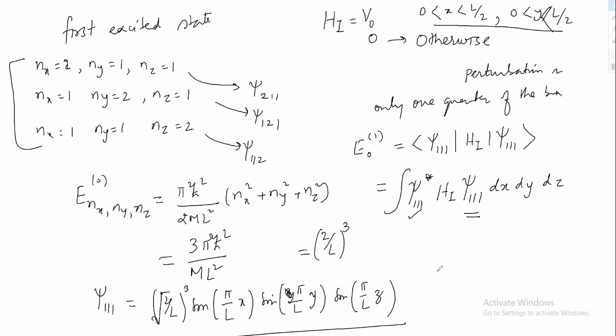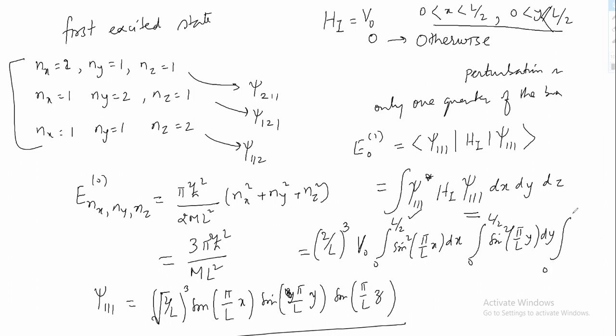The perturbation is only V naught, and it is applied in the X region, in the interval 0 to L by 2, sine square pi by L into X dx, then 0 to L by 2, sine square pi by L into Y dy, and then in the third direction there is no perturbation, therefore this will be 0 to L, sine square pi by L z.